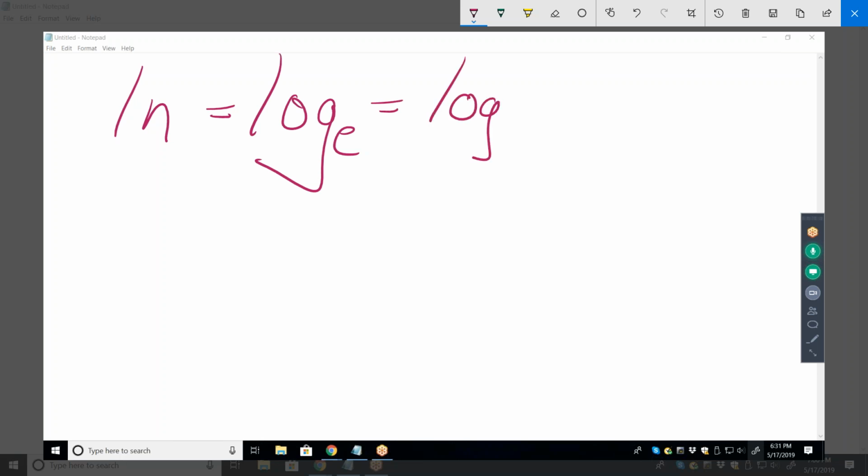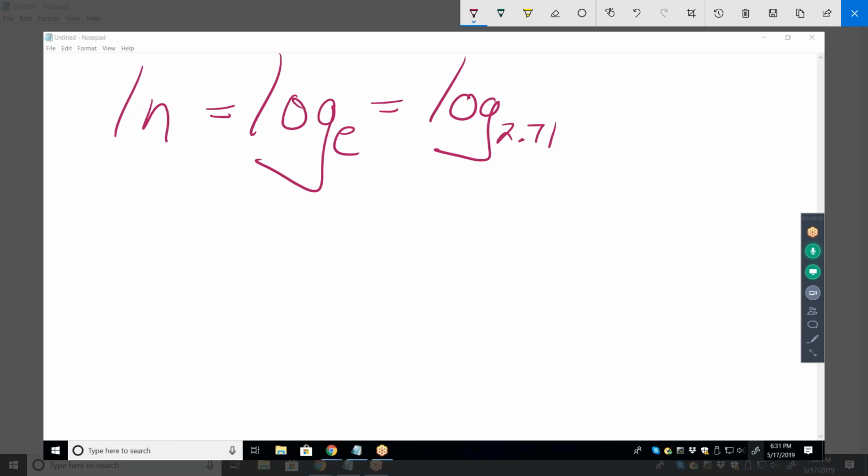What else? Natural log. Now, let me help you here. Here's what ln is. It's the log base e, which means the log base e is approximately 2.71.